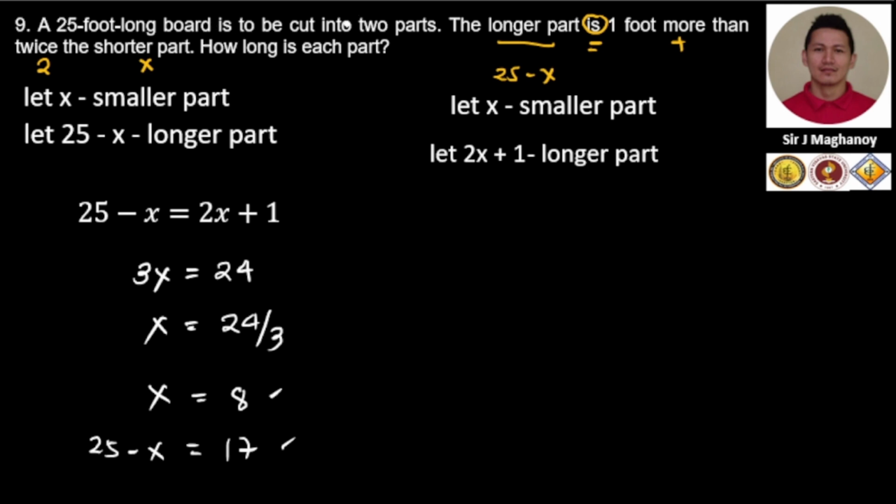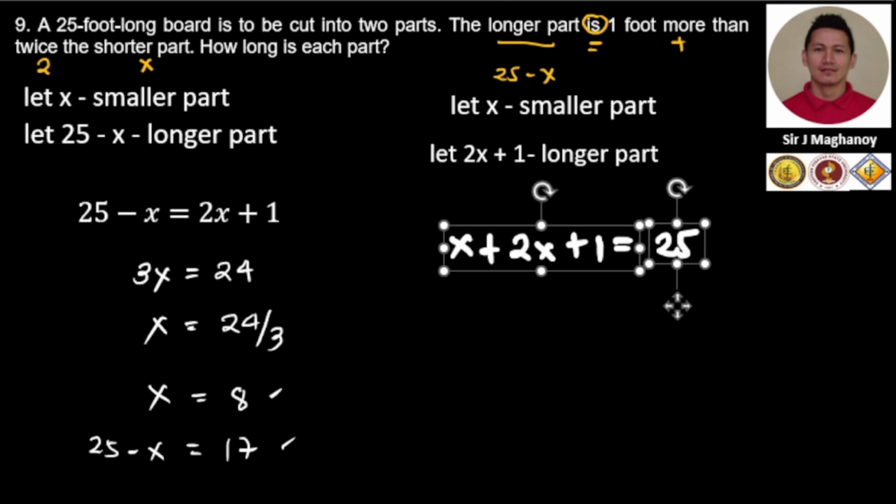It means that the summation of our two parts is 25 feet long. So let's start with our smaller number to determine our equation. To be cut into two parts means the sum, so our smaller number plus our longer part, 2x plus 1, is equal to 25. So this is our equation.